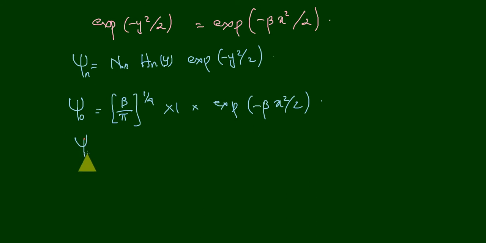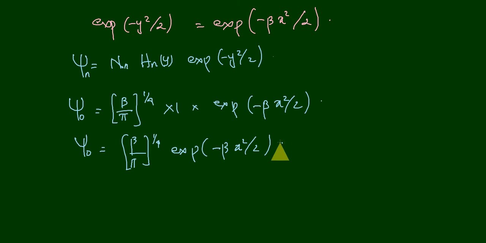Therefore psi 0 is equal to beta by pi raised to 1 divided by 4 exponential minus beta x square divided by 2. That is the expression for psi 0.